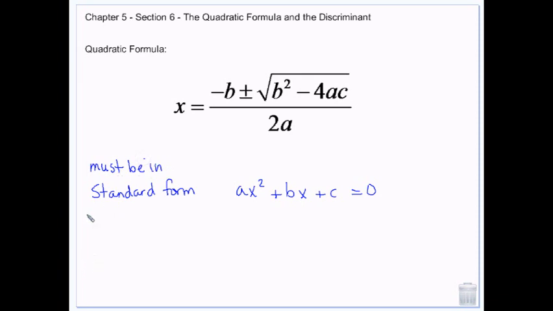So you set it equal to 0, and then this a, whatever number that is, gets plugged in 2 places. This b gets plugged into 2 places. And this c gets plugged in once.